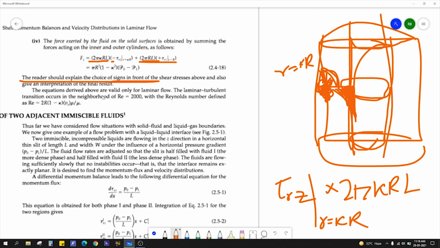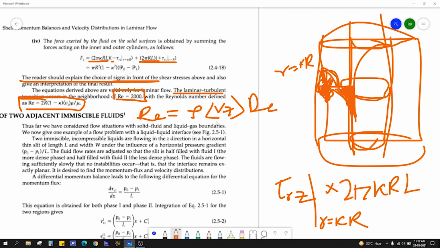Also you can find the Reynolds number. It is found that the Reynolds number is 2000. It is in the transition region between laminar and turbulent. And how is the Reynolds number defined here? Reynolds number is generally defined as rho, average velocity, effective diameter by mu.